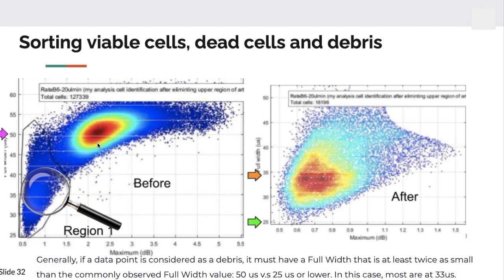What's commonly observed in terms of length right here is about 50, and so half of 50 would be 25. However, if you look at 25, there don't seem to be a lot of data points below 25. And actually, as I said, they're all at 35 in terms of length. So this indicates that region 1 is not small enough to be debris, and so it must be dead cells.